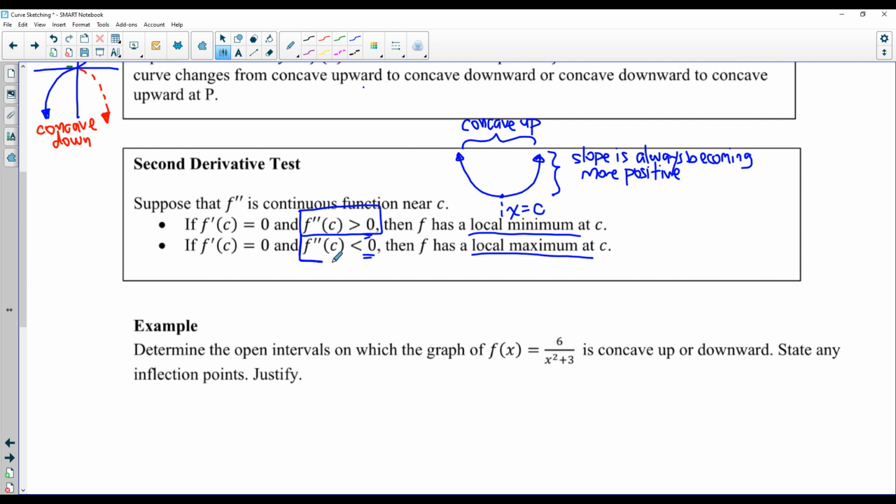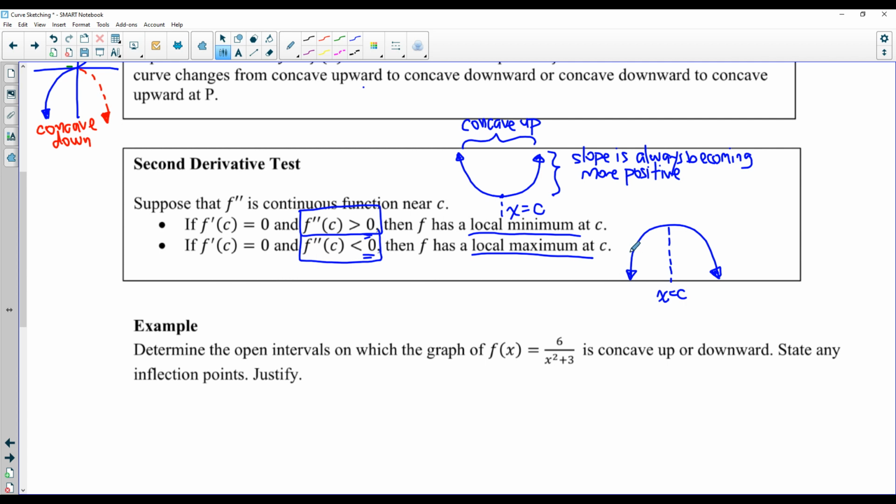We could do the same thing for a local maximum. If you draw a graph of what a local maximum would look like, perhaps something like this, then with the first derivative test, a local maximum would be at this point, x is equal to c.